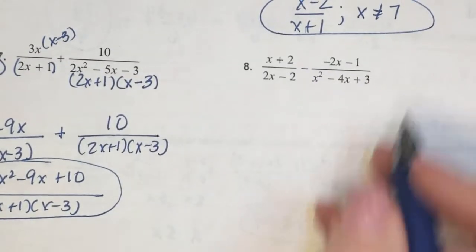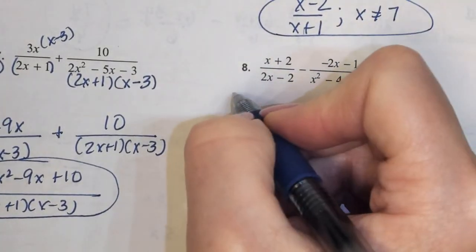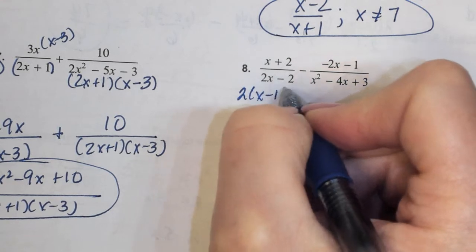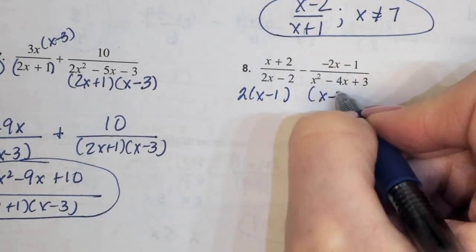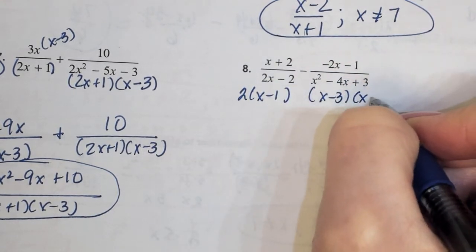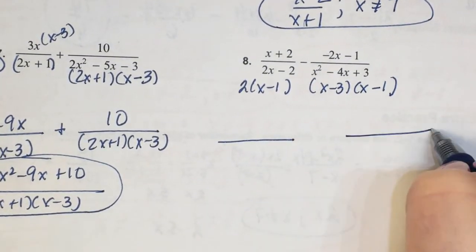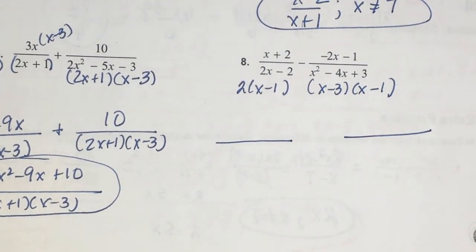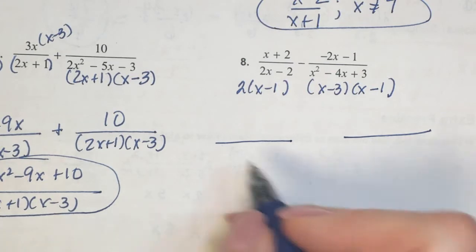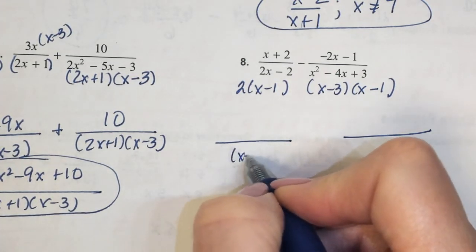All right, last one. Let's factor this. 2 parentheses x minus 1. This is going to be x minus 3, x minus 1. Anybody know what that common denominator is going to be? I'm going to need an x minus 1. Yep. What else?